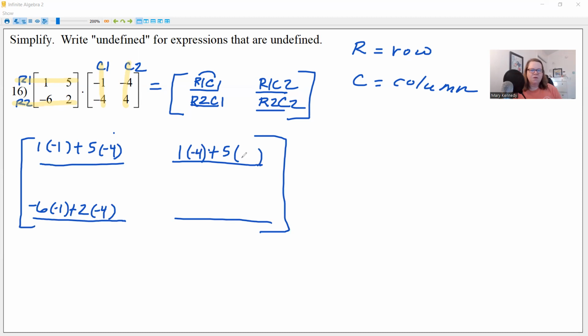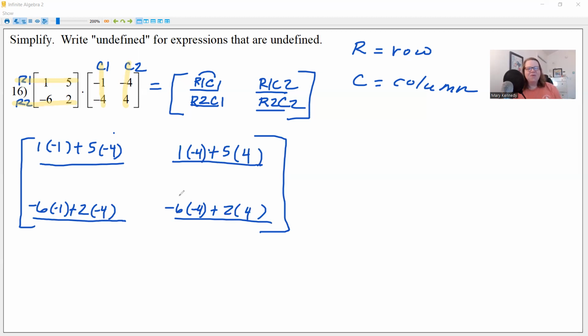And last one, row 2, column 2. So row 2 is -6 and 2, and column 2 is -4 and 4. Okay.